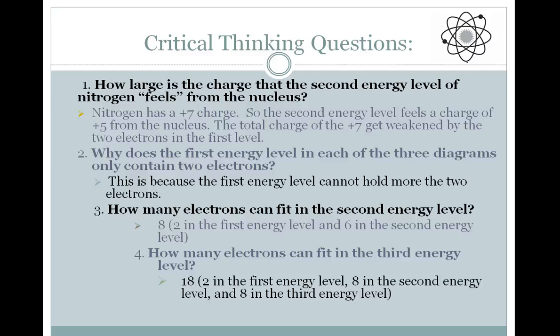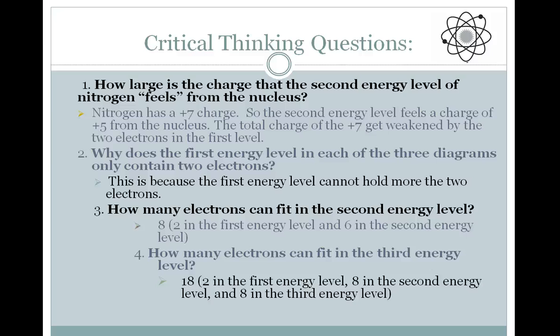Number 2, why does the first energy level in each of the 3 diagrams only contain 2 electrons? This is because the first energy level cannot hold more than 2 electrons. As you know, the first energy level can only hold 2 electrons, but the further you go along, the more they can hold.